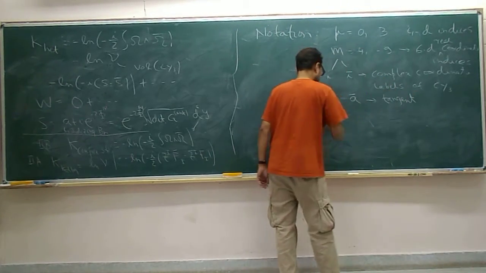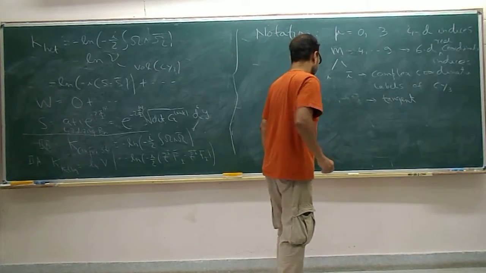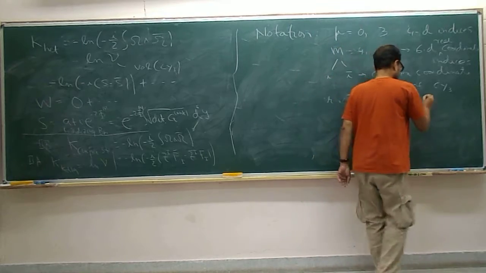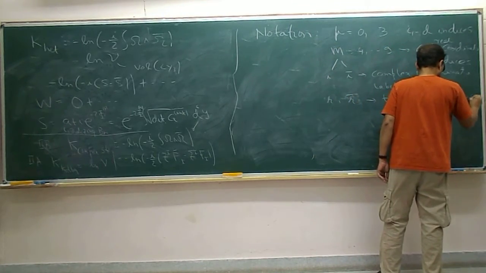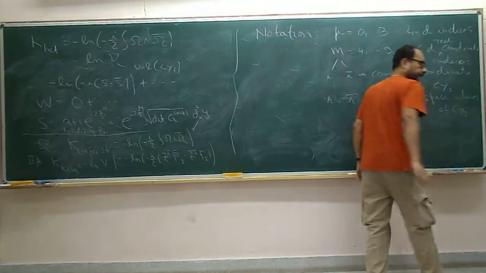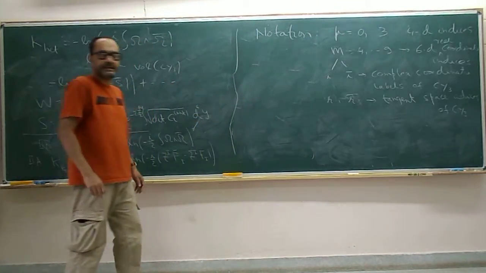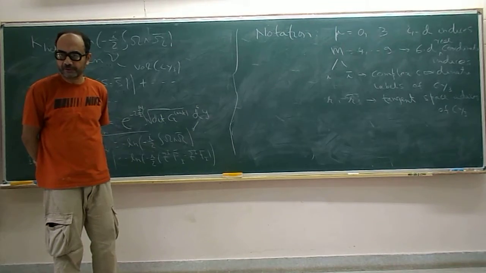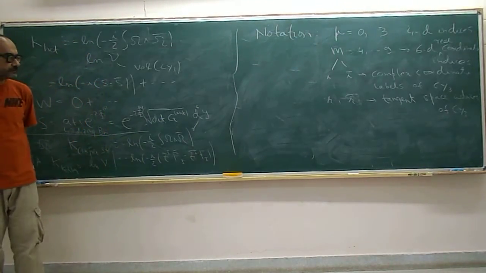Well, let me not call it A and A bar, let me call it R and R bar, tangent space indices. We have not previously used the tangent space indices, but it will be useful to introduce this notation.